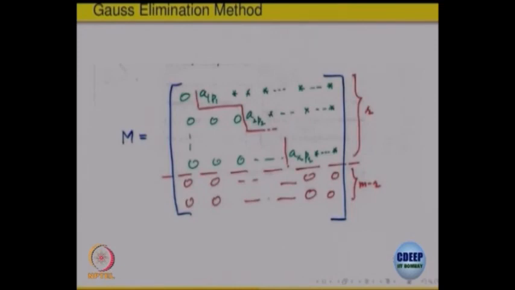Now, note, we are not saying there is only one row echelon form of a matrix. For example, if I multiply this whole thing by some scalar, the non-zero entries will still remain non-zero, so that also will be in row echelon form. So, when we change a matrix to a row echelon form, we are not saying there is only one possible answer.